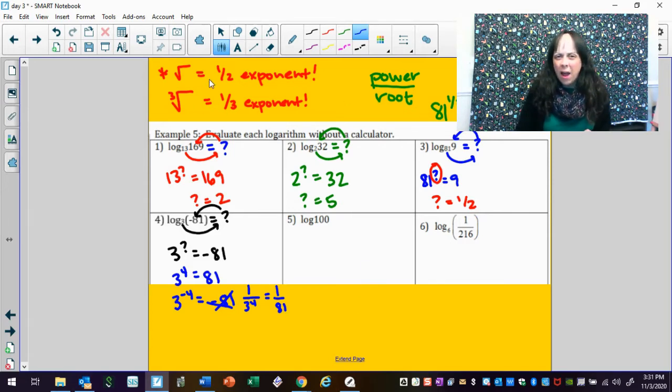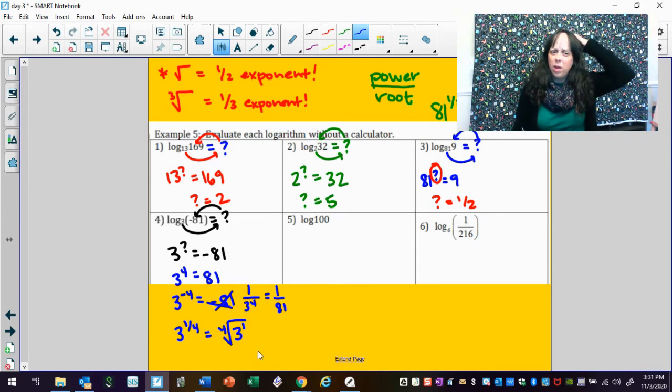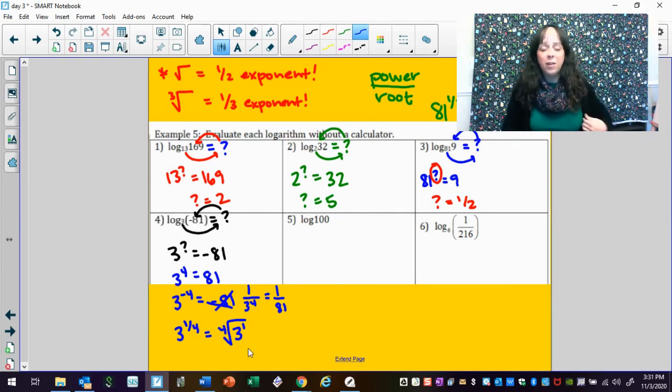Does it have to do with a radical like we did up here? Should it be to the 1/4? No, that would mean you're going to have the power over root. You're going to have the 4th root of 3. The 4th root of 3 is definitely not 81. We're going the wrong way. That would be some crazy small decimal.